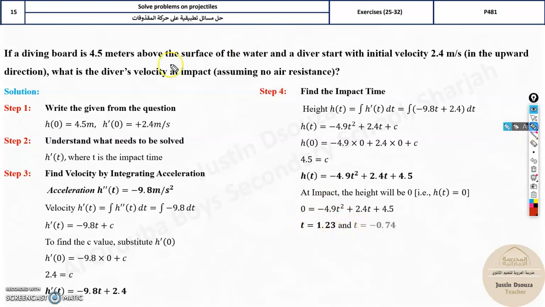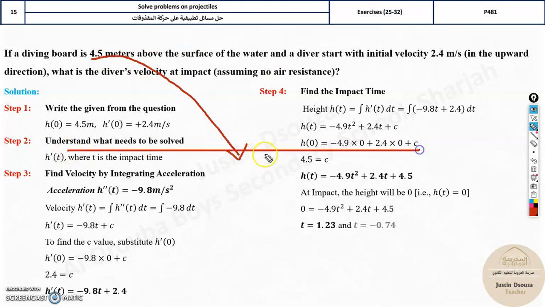Now what it means is, from the beginning, when this diver jumps, the time it takes for this diver to go from 4.5 meters to reach the surface of the water is 1.23 seconds. Now if you substitute this time, 1.23 seconds, in the velocity equation, you are going to get the impact velocity, because impact means touching the surface, and 1.23 seconds is the impact time.